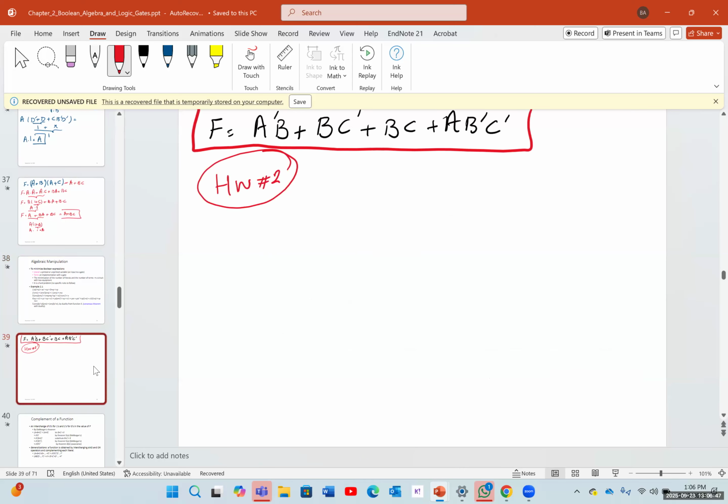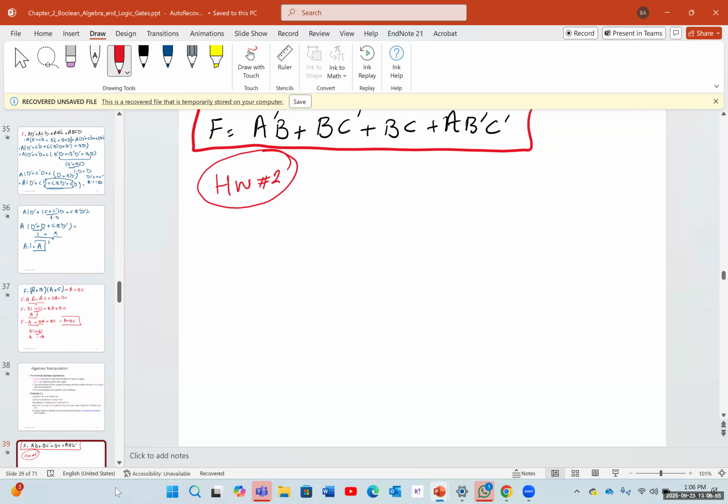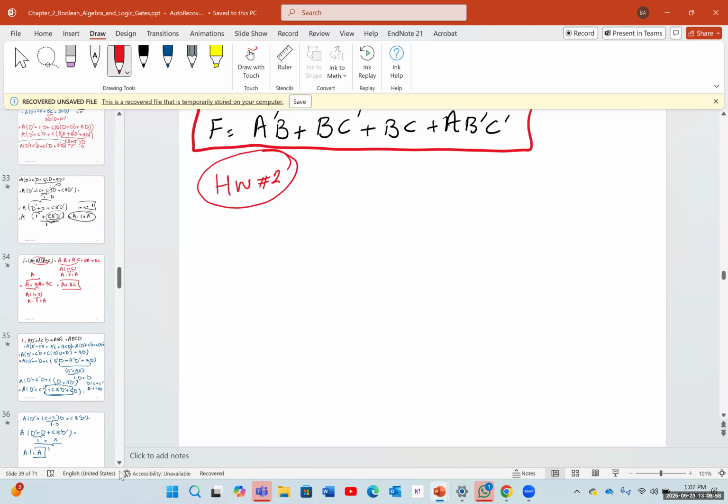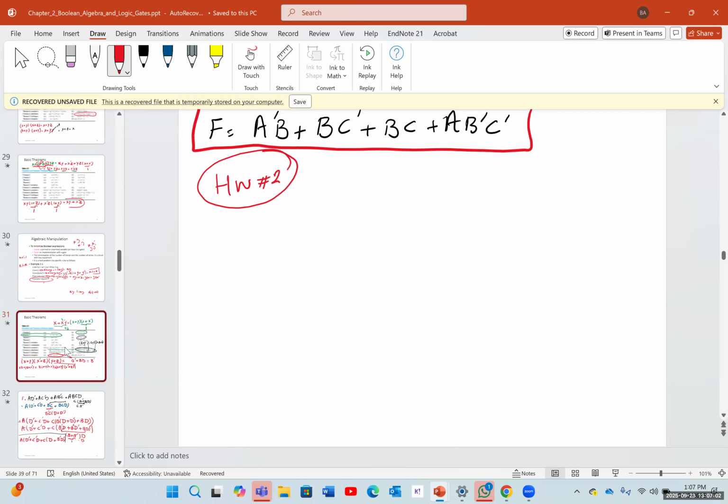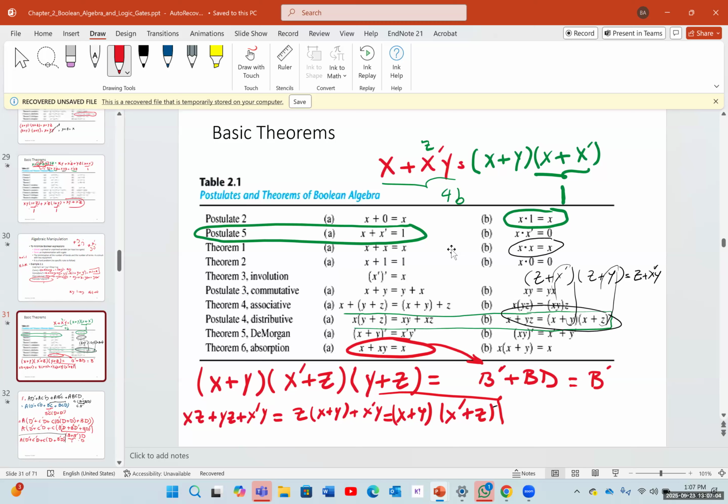Today, we're going to learn another approach on how we can simplify that. So manually doing that using different theorems and different postulates, and using this table that we already went through. Just going to go back so you can remember the table that we have, the postulates and theorems of Boolean algebra theory.